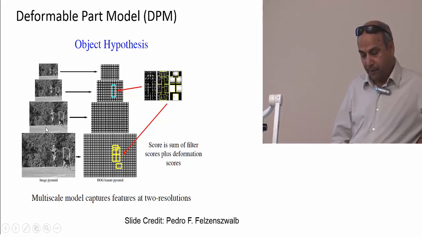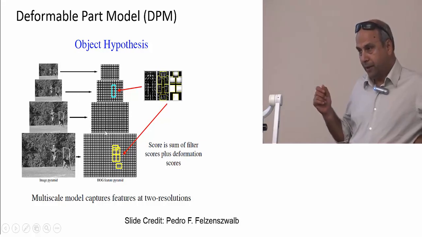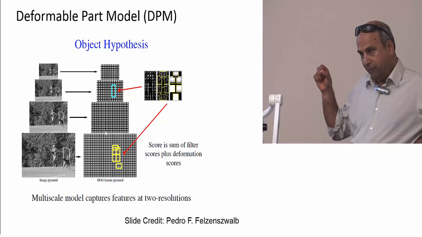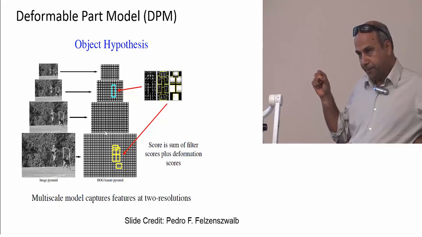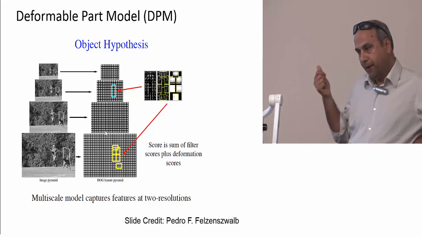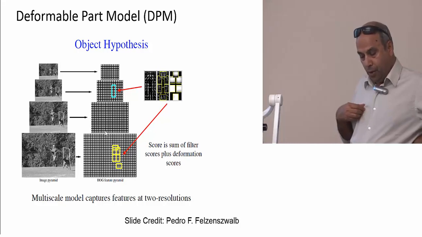There's a pyramid, and we'll find features in this pyramid called HOG, histogram of oriented gradients. There is an exercise on this that will help you understand it well. At each point, find the gradient direction, then look at a small neighborhood and find a histogram of gradient directions. It's called HOG. It's a very popular feature and works very well.